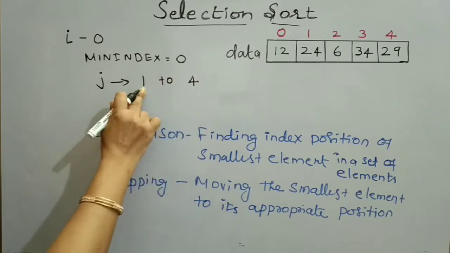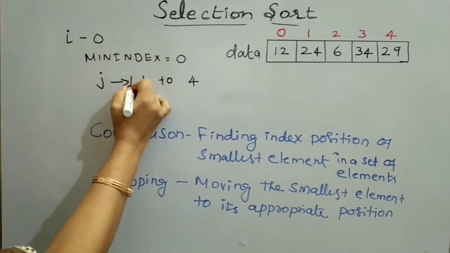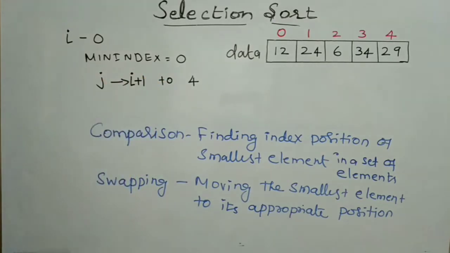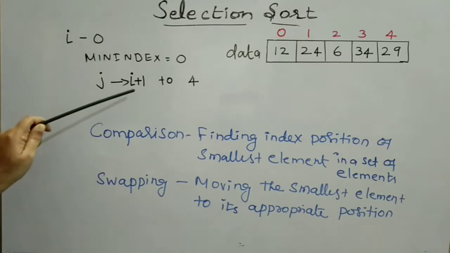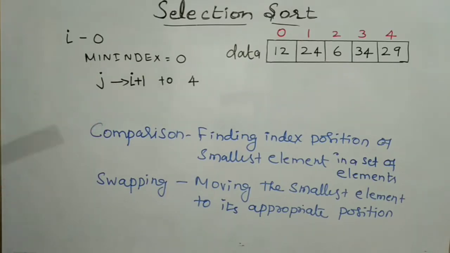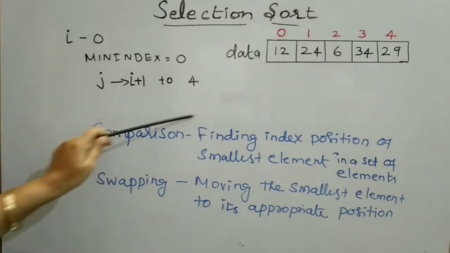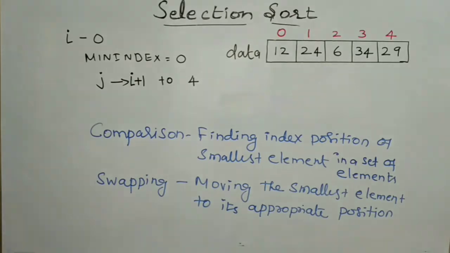In general, we may write this as I plus 1. If I take the element in position 1, then the subsequent elements are from 2 to 4. So we are comparing the minimum element with the elements in subsequent positions I plus 1.